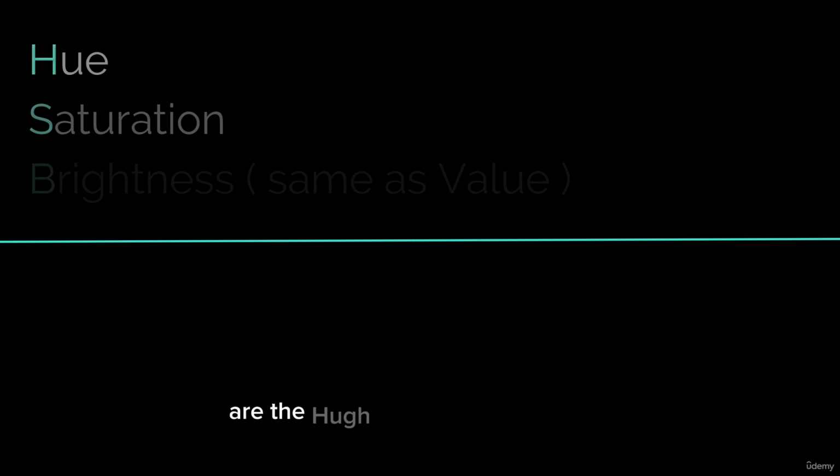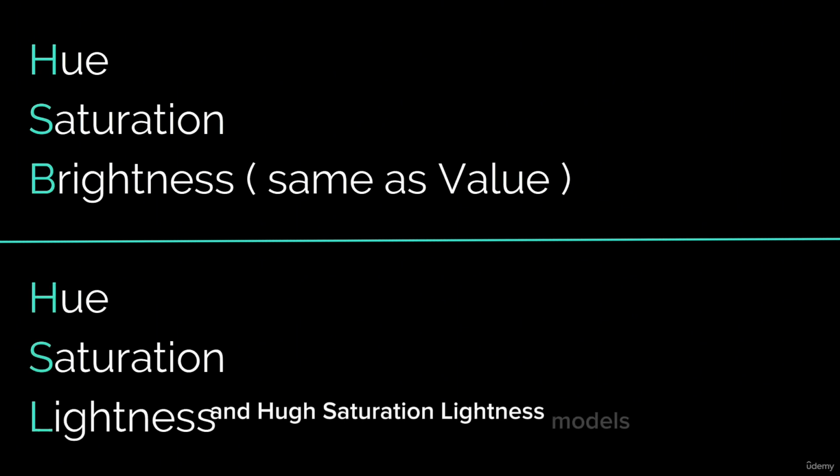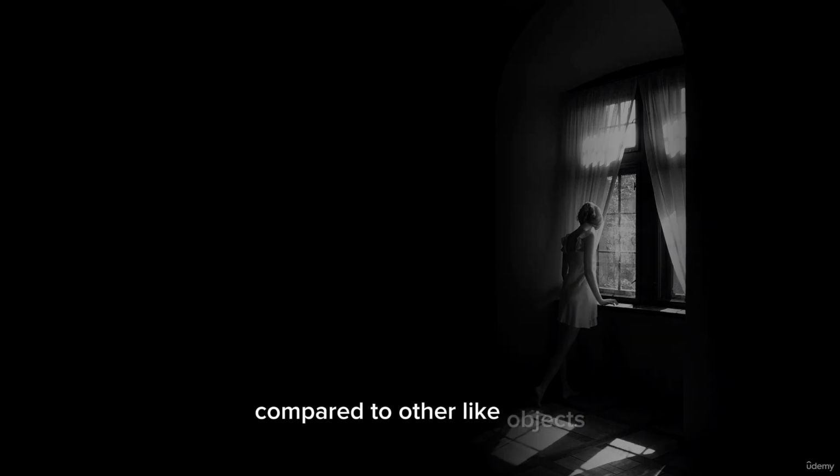Other common color wheel models are the hue saturation brightness and hue saturation lightness models. Brightness defines how much light an object is actually emitting, and lightness defines how light or dark the value is compared to other like objects.